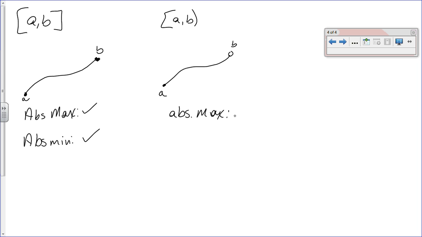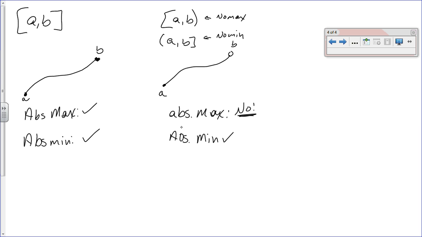So this is no max, and if the interval did not include A, this would be no min. But referring to this one again, we would have an absolute min.